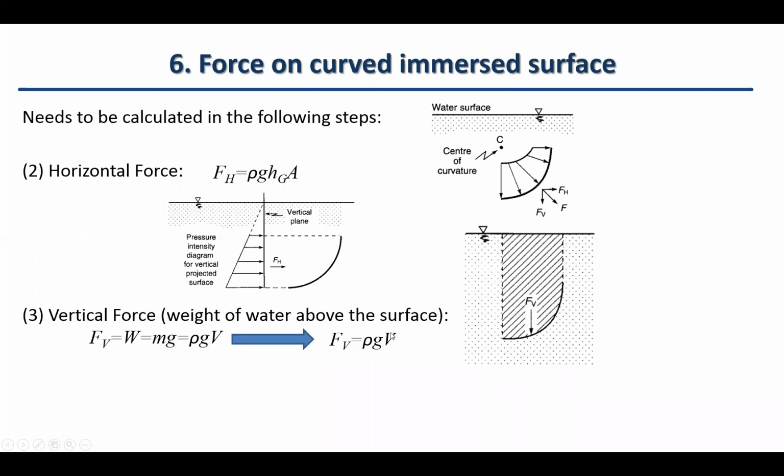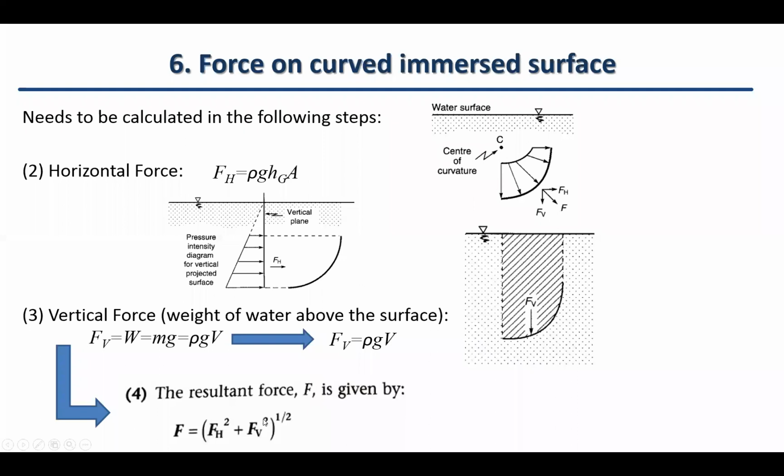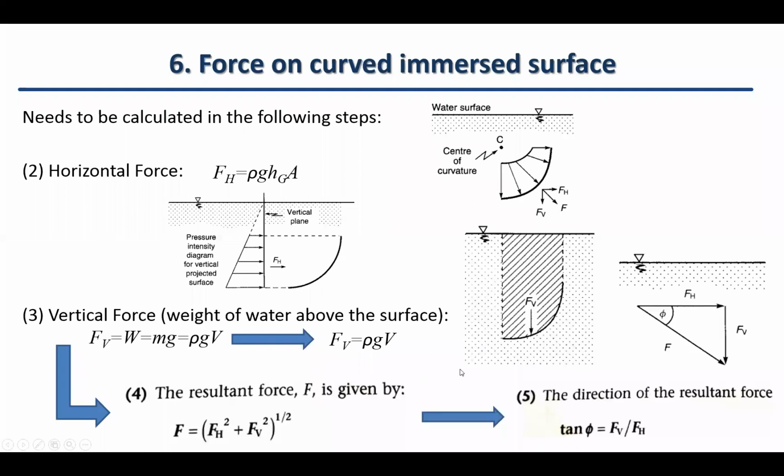FV is equal to rho g V, and for the resultant force, you can use the very simple Pythagoras relationship from geometry and trigonometry of the two components, horizontal force and vertical force. The resultant force is the hypotenuse of the horizontal and vertical components.